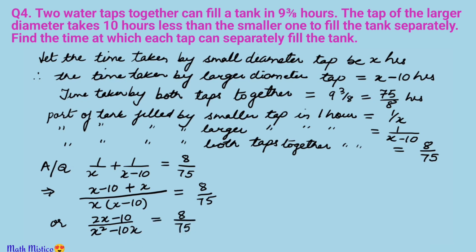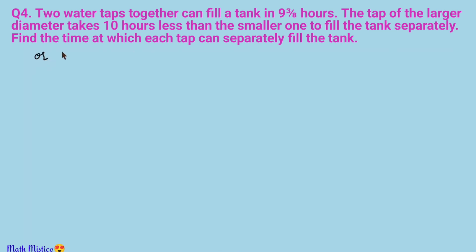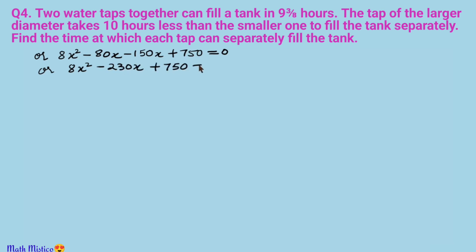Cross multiplying 2x into 75, that is 150x minus 750 equal to 8x square minus 80x, or 8x square minus 80x minus 150x plus 750 equal to 0, which becomes 8x square minus 230x plus 750 equal to 0. So this is the equation representing the given situation.